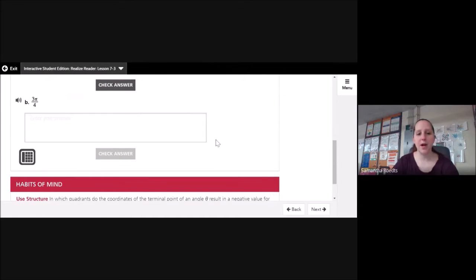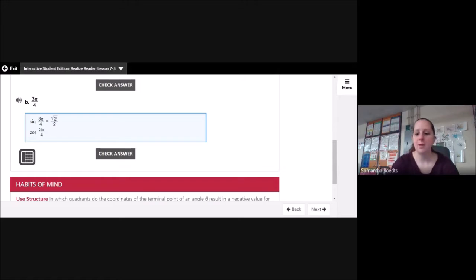For B, 3 pi over 4. So this is 3/4 of pi. So 3/4 is 3/4 of the way between 0 and pi, which means it's going to be in the second quadrant. So my sine of 3 pi over 4 equals the square root of 2 over 2.